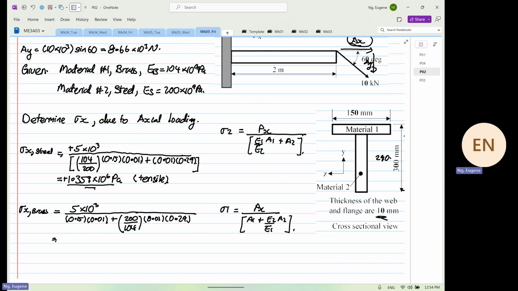So this will be equal to 0.15 times 0.01 plus 200 over 104 times 0.01 times 0.29, to the power 3 divided by, so it's equal to 0.707 times 10 to the power 6 Pascal. Okay. So that is the value that we get.